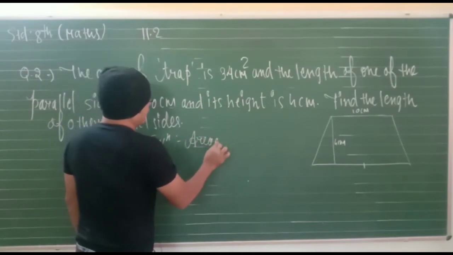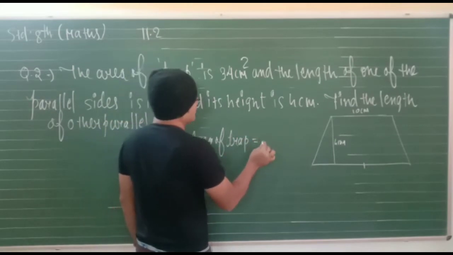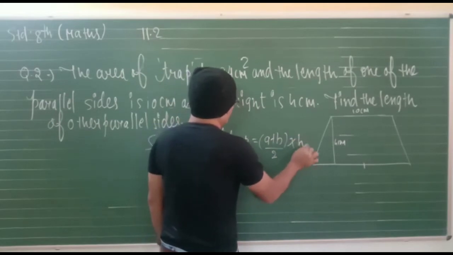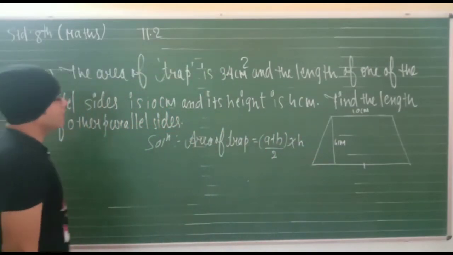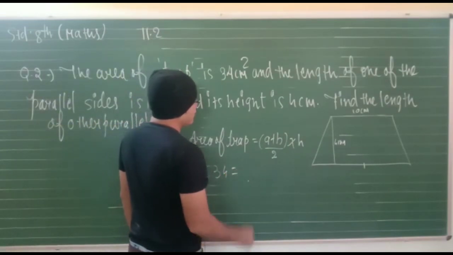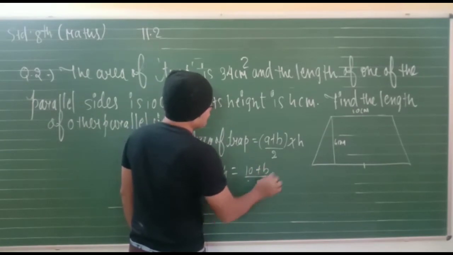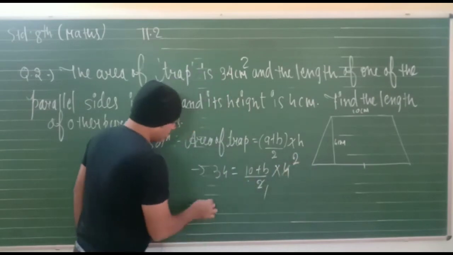Area of trapezium is equal to (A plus B) by 2 into H. Now the area of the trapezium in the question is 34. One side is given 10, plus B, by 2 into H, which is 4. 2 ones are 2 and 2 2s are 4.